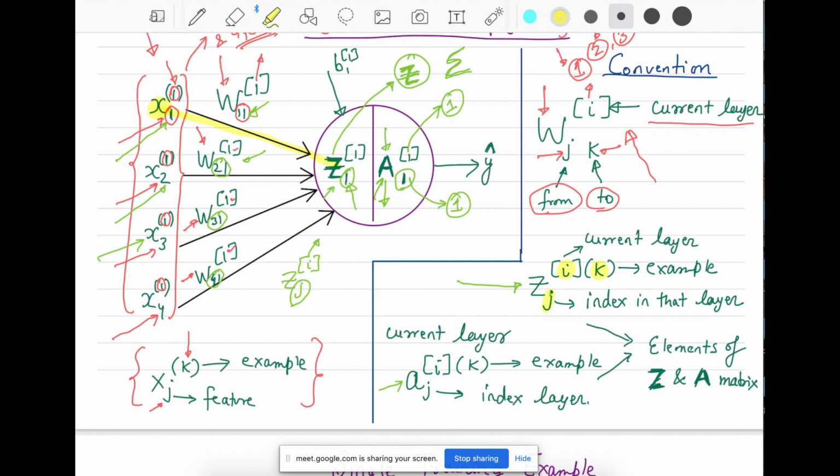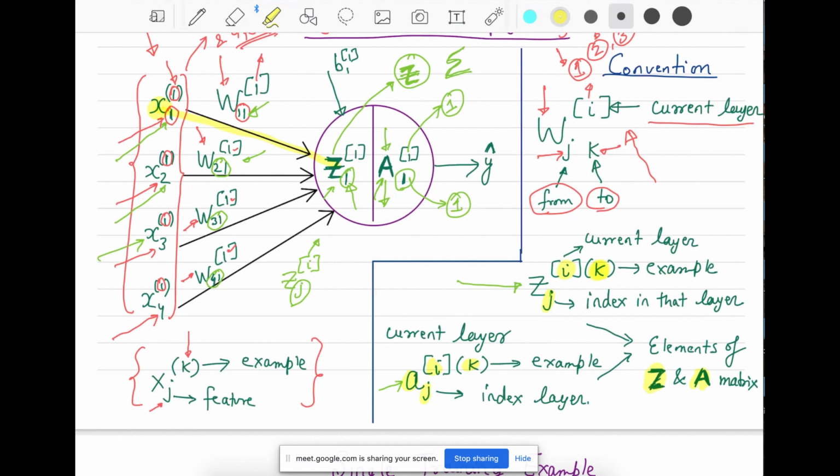So here we are using the first example, then K will be 1. Similarly for this A_ijk, these are basically the components of this matrix A, and this Z_ij is a component of this matrix Z.